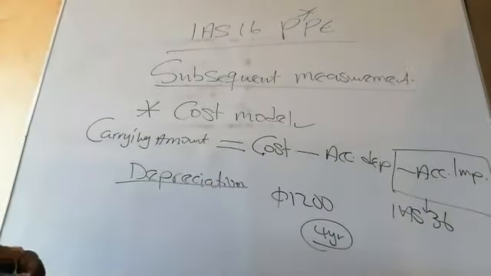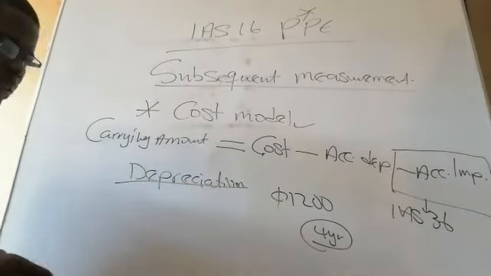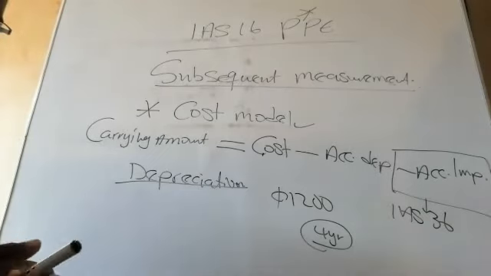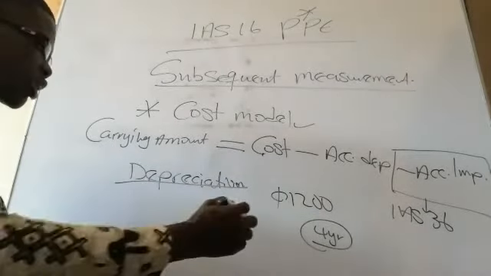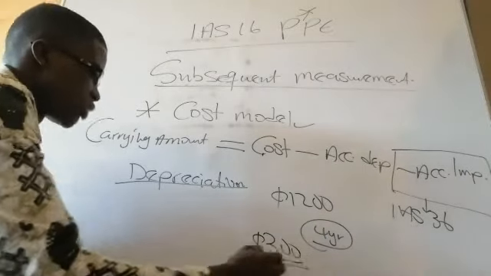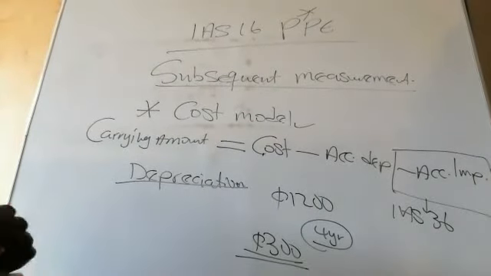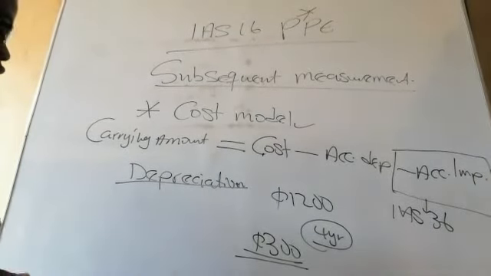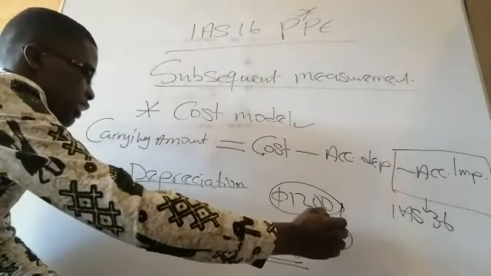To calculate the part that will be consumed, I divide the 1,200 by 4, and I get 300. So on average, every year I will consume 300. That is the depreciation. So depreciation is the systematic allocation of the depreciable amount over the asset life.